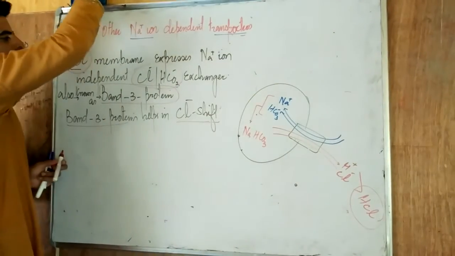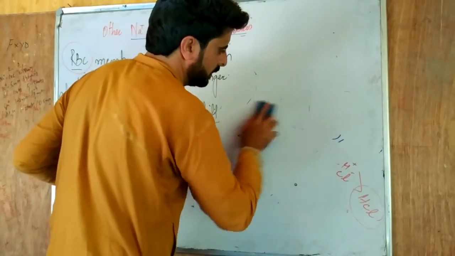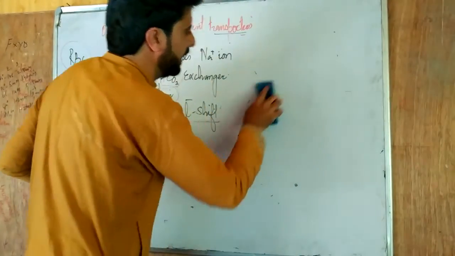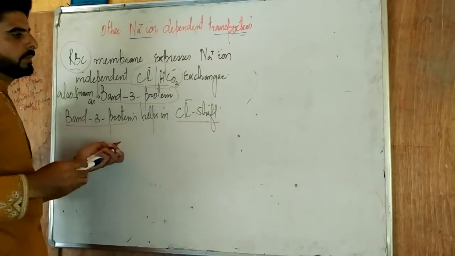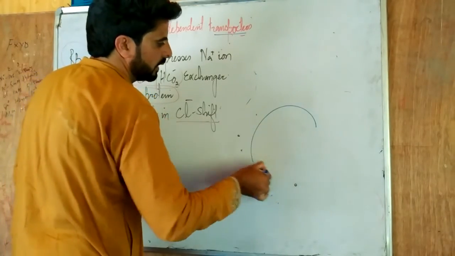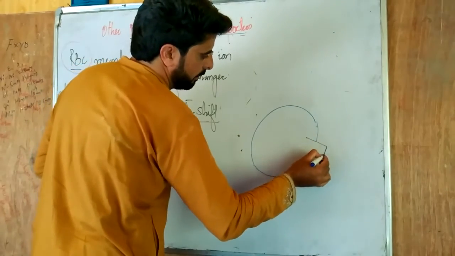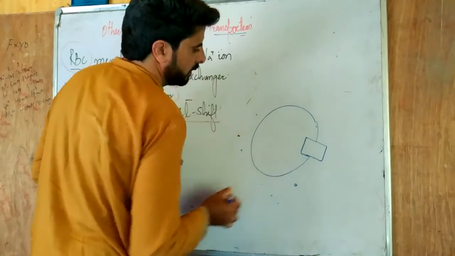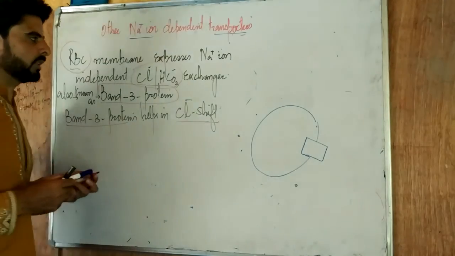If we take a diagram here, we'll see. In case of an RBC, I am making a diagram here. Say if it is an RBC here, roughly. Now its membrane has this band 3 protein, which can also be called a sodium ion independent chlorine bicarbonate exchanger.